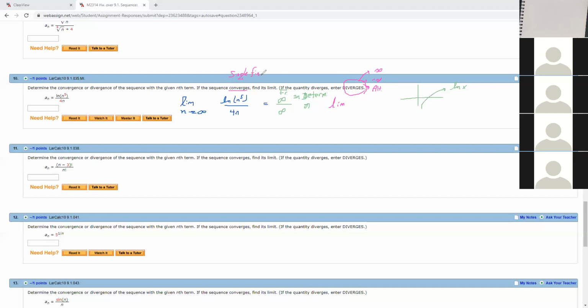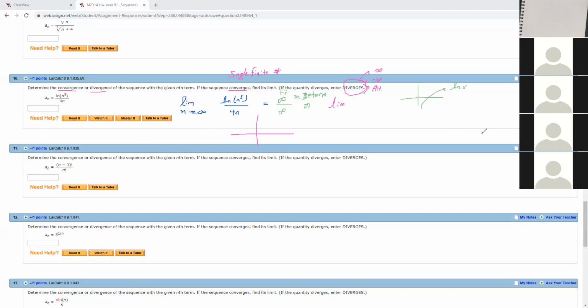So you're right. I don't see anywhere they say take the limit as n approaches infinity. But by this point, we're supposed to have the mathematical sophistication to say, okay, when they're asking us the convergence or divergence of a sequence, that in itself means what's happening to all the terms of the sequence as you go out forever.